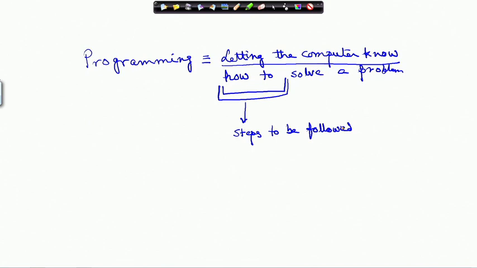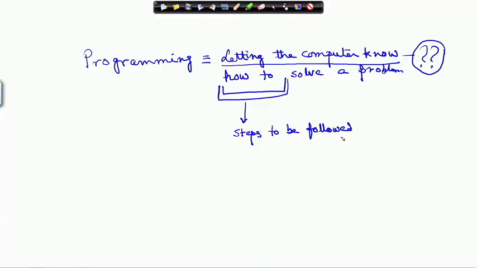I have to be very clear about it, and I have to let the computer know. There is a big problem here, how I will let the computer know, I will come to that later. The steps to be followed is what we have to tell the computer. In the earlier example we saw that the steps for finding the mean of 3 numbers are very clearly stated, and I can inform the computer.